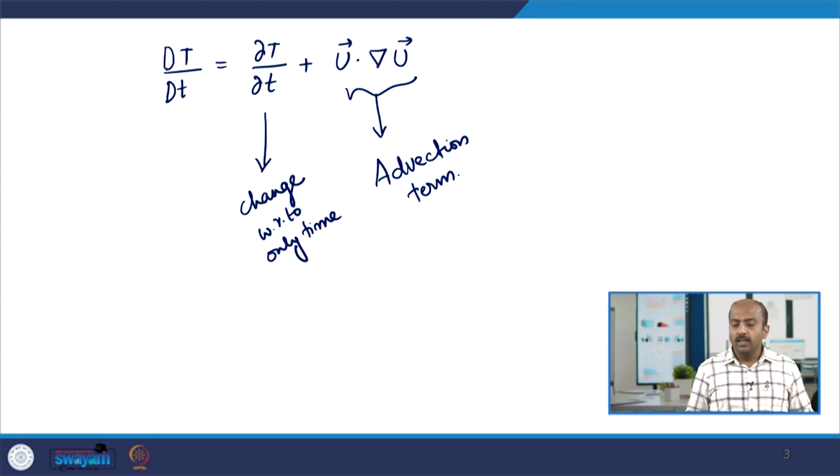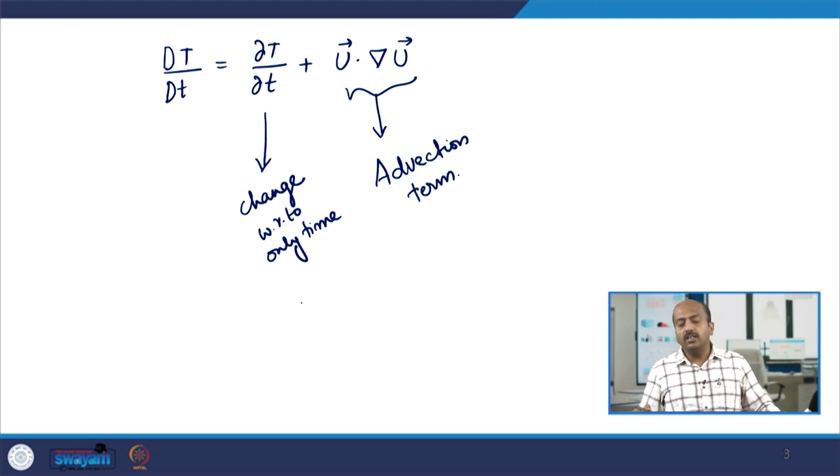Now, ideally, if you have written the momentum equation, it should be written in terms of a total derivative, because you are trying to follow the motion. If the air parcel is moving from one point to another point, the movement is guided by the balance of these forces, right.